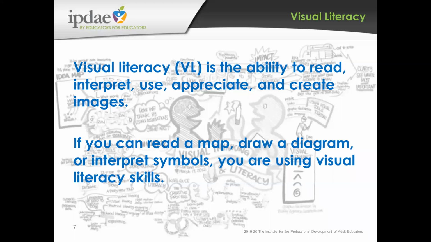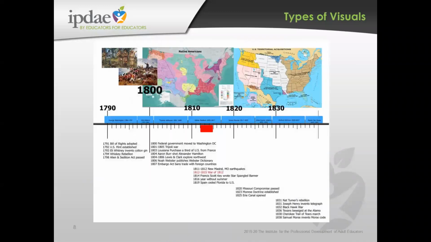So it's more than just graphs and charts and tables, more than just maps. It's all of the other visuals that we have around us. In fact, like I said, it can be maps, timelines.